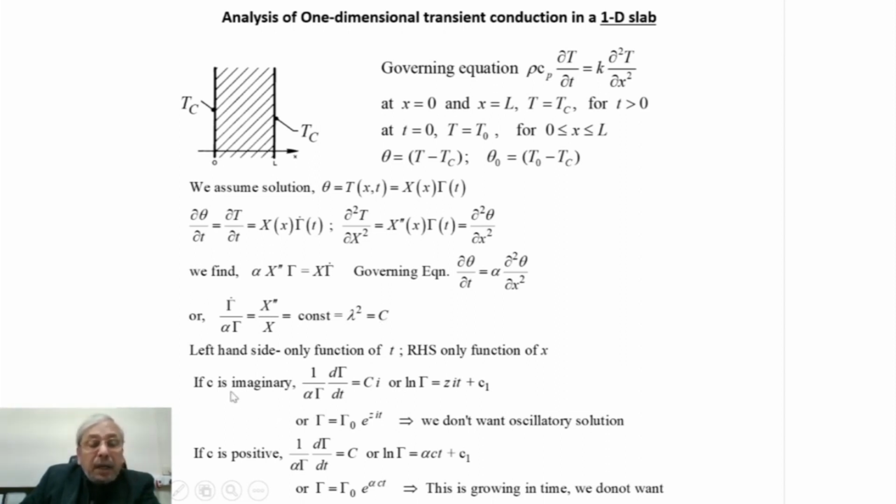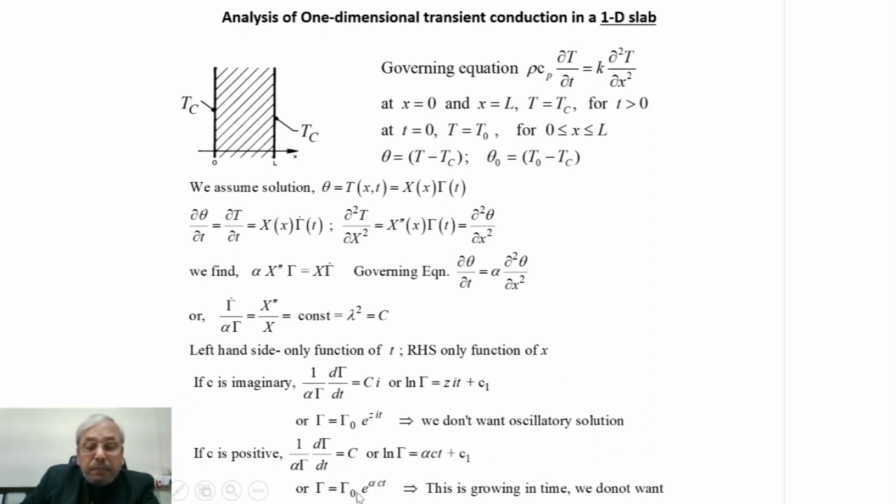So first let us assume C is imaginary, then the solution will be of this form, and which is oscillatory. We really do not expect any such oscillation in such a case. Now C can be positive. If C is positive, the solution will be something like this.